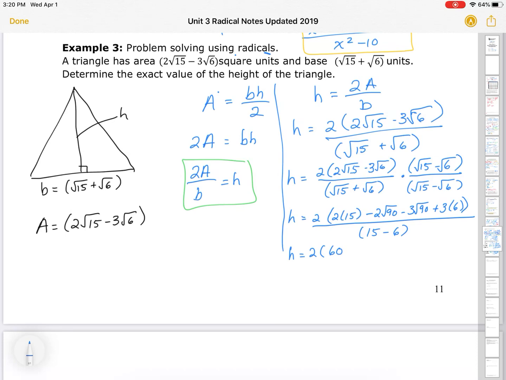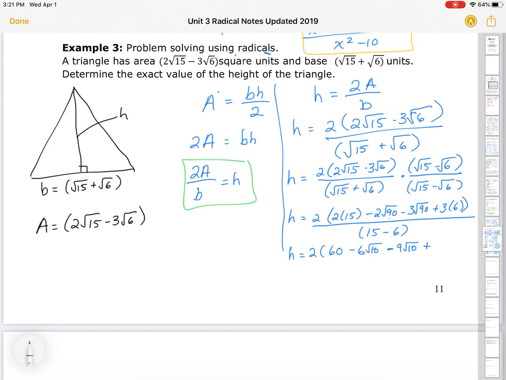I can take out a 9, right? 90 is 9 times 10. So this becomes negative 6 root 10. And this becomes, same thing here, I can take out a 9. It becomes a 3 when it comes out.